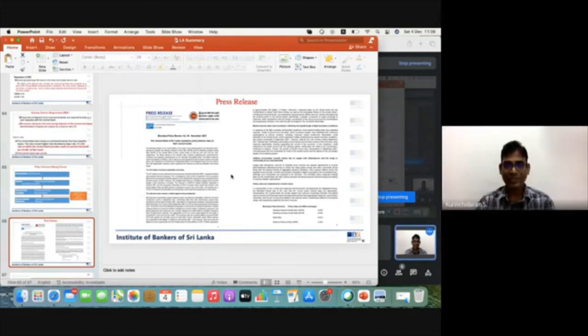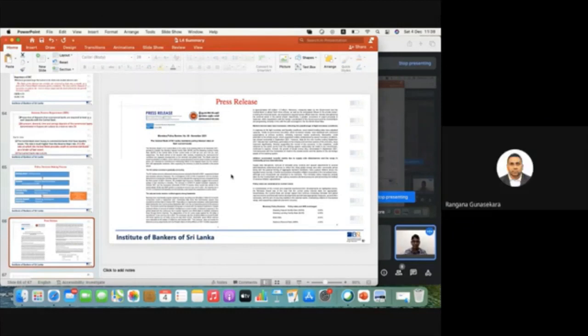But if they can lend it to some other bank, they will get 5.5%. Right, right. That means if the central bank increases this deposit rate, accordingly the lending rate of banks will go up, right? Exactly.